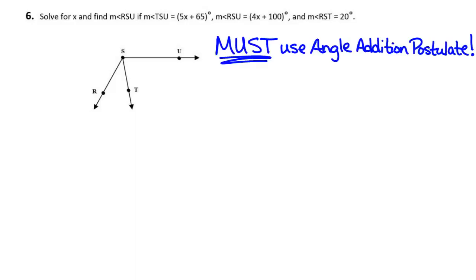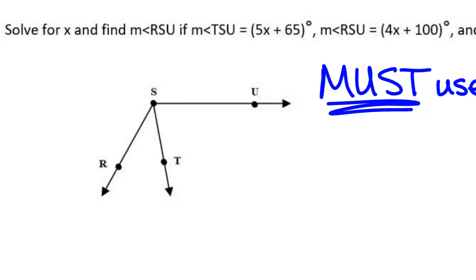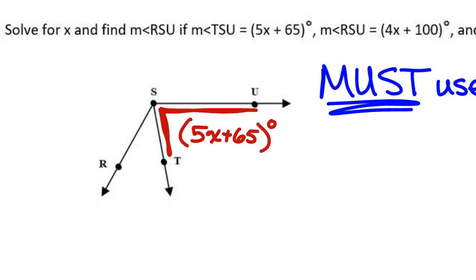All right, so what are the angles that we would be adding together? Which one? 5x plus 65, which is angle TSU, this one right here. We have to add that together with what other angle?